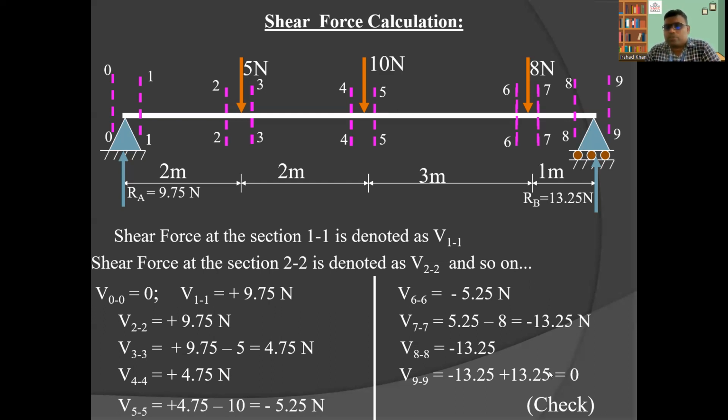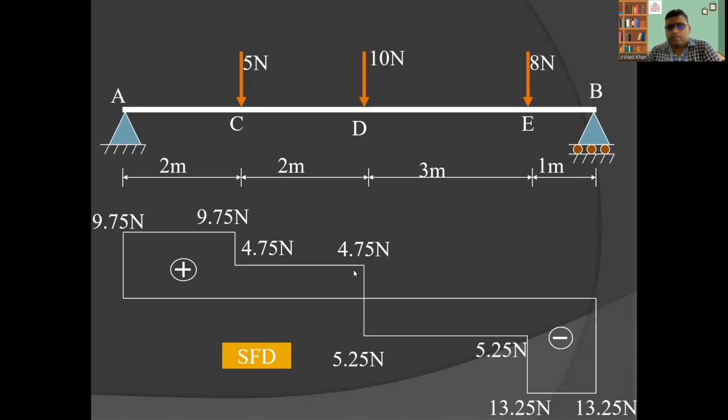So it will be a positive value, 13.25, and if the result comes to 0, it means whatever you have solved at the different locations of shear force value is correct. So this is a simple, direct method to find the shear force at different locations of the beam.